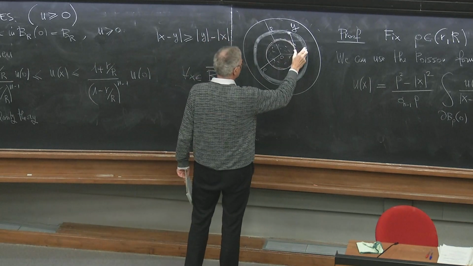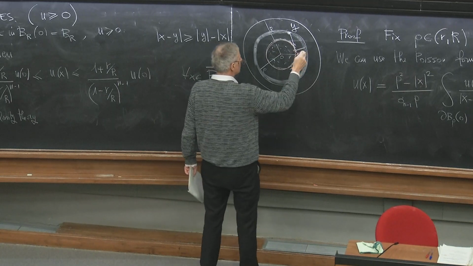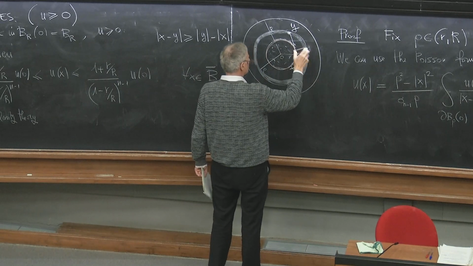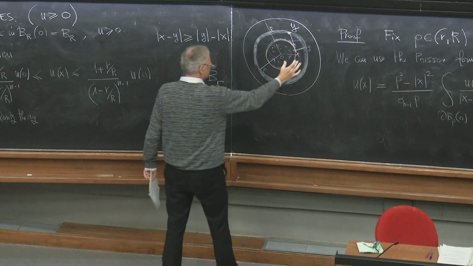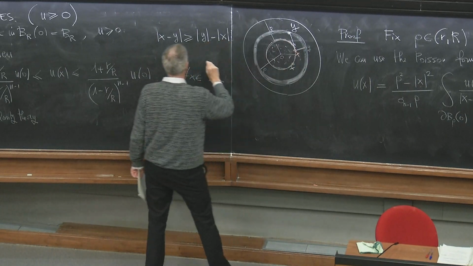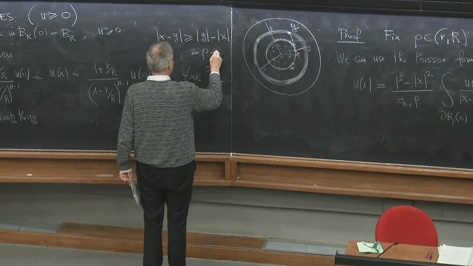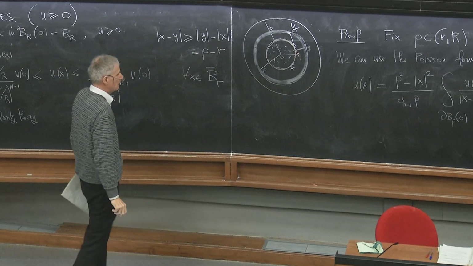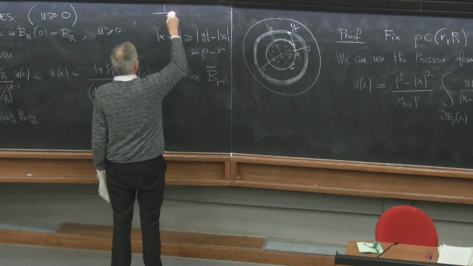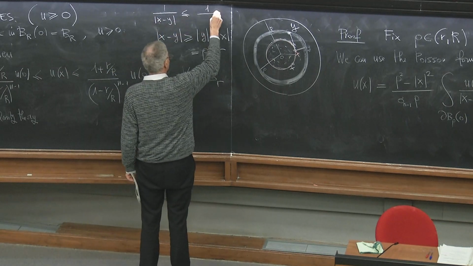But it is clearly larger or equal than, so I mean, the most lucky situation is when they are here, no? So it's larger or equal than rho minus small r. So now this means that one over this is less than or equal than 1 over rho minus r.